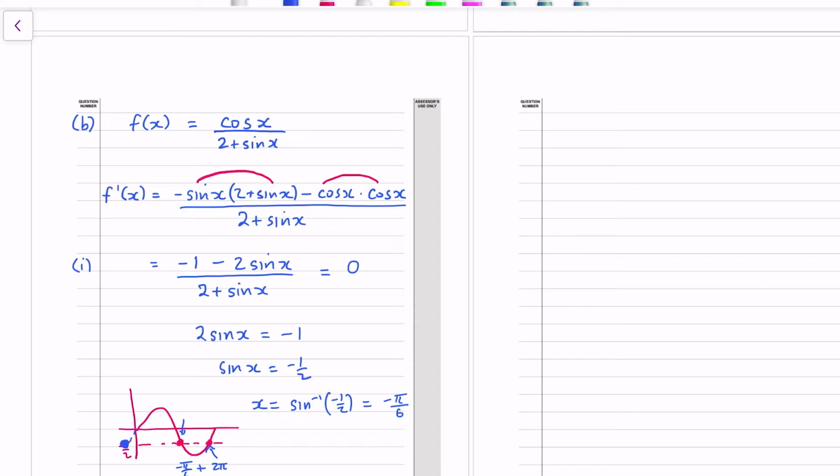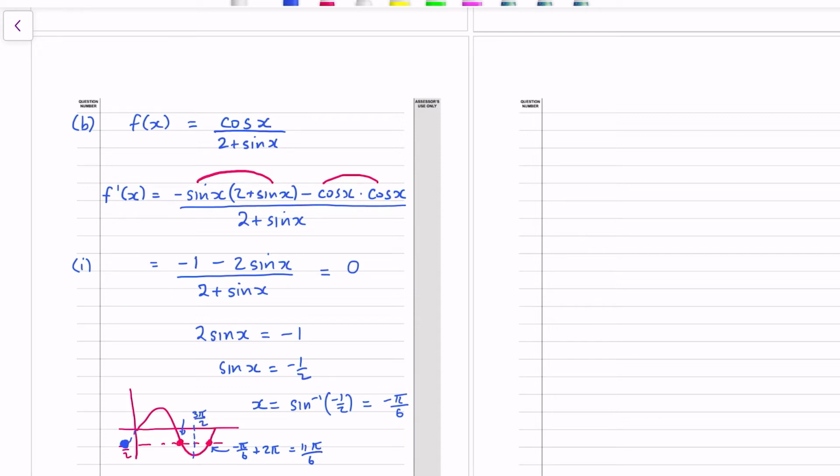is found by knowing where the minimum of the sine graph is. I'm just going to move this out of the way because it's going to get a bit messy. So that one there was minus pi over 6 plus 2 pi, which turns out to be 11 pi over 6. We know that the minimum occurs at 3 pi over 2.